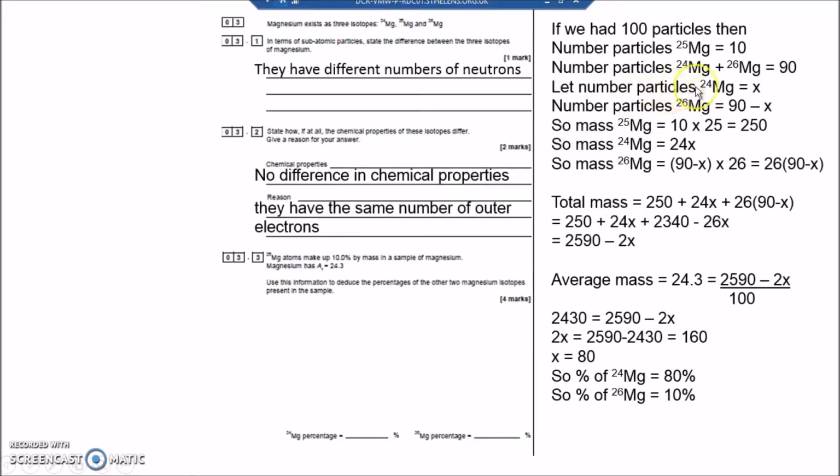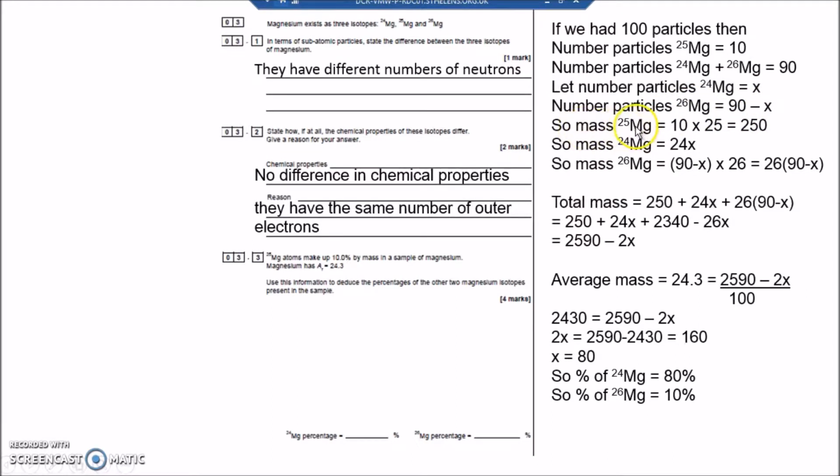So let's imagine the number of particles of Mg24 is x. So the number of particles of Mg26 must be 90 take away x, because 90 take away x plus x equals 90. So I've got 10 particles of mass 25, x particles of mass 24, and 90 take away x particles of mass 26.